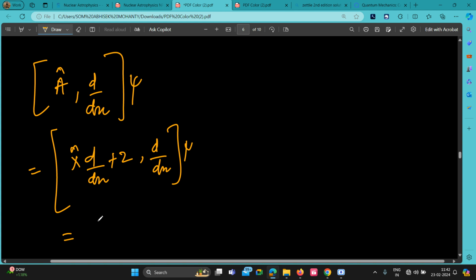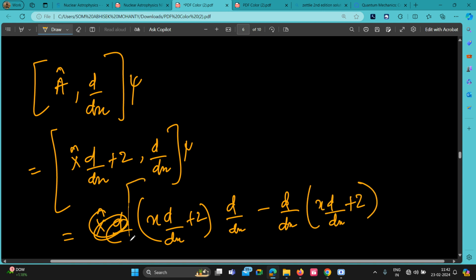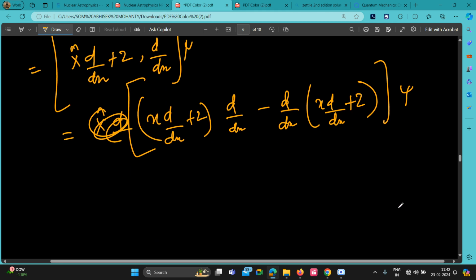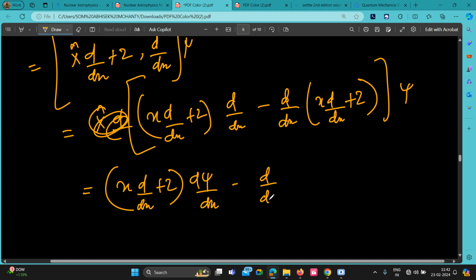So again open it. First of all, let me write it as x d/dx plus 2 d/dx minus d/dx of x d/dx plus 2 and whole psi. Okay. So let's open the bracket. Let's take psi inside. x d/dx plus 2 d psi by dx minus d/dx of x d/dx plus 2 psi.